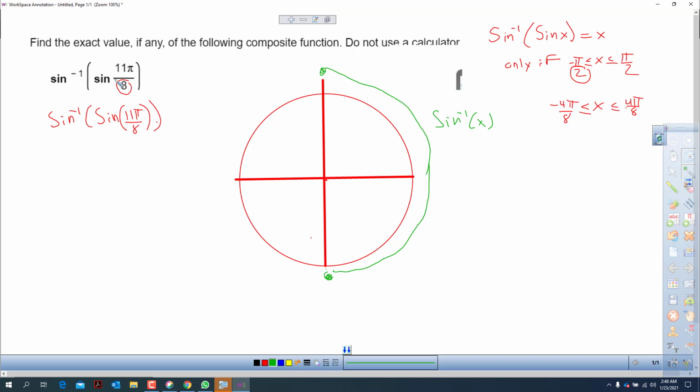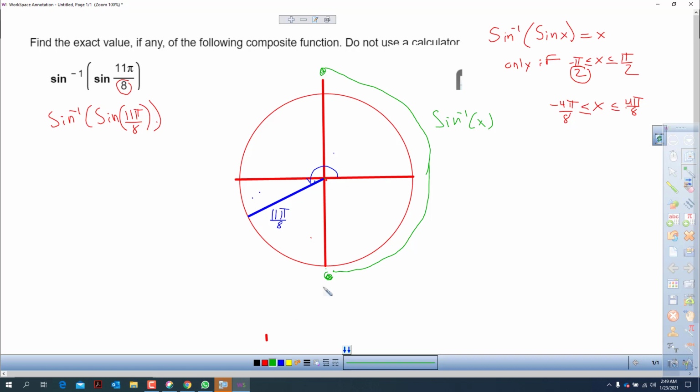So this 11 pi over 8 is about here. Let me show you where it is. Right, is here. This angle right here is this angle theta, 11 pi over 8, which is not in this half circle.